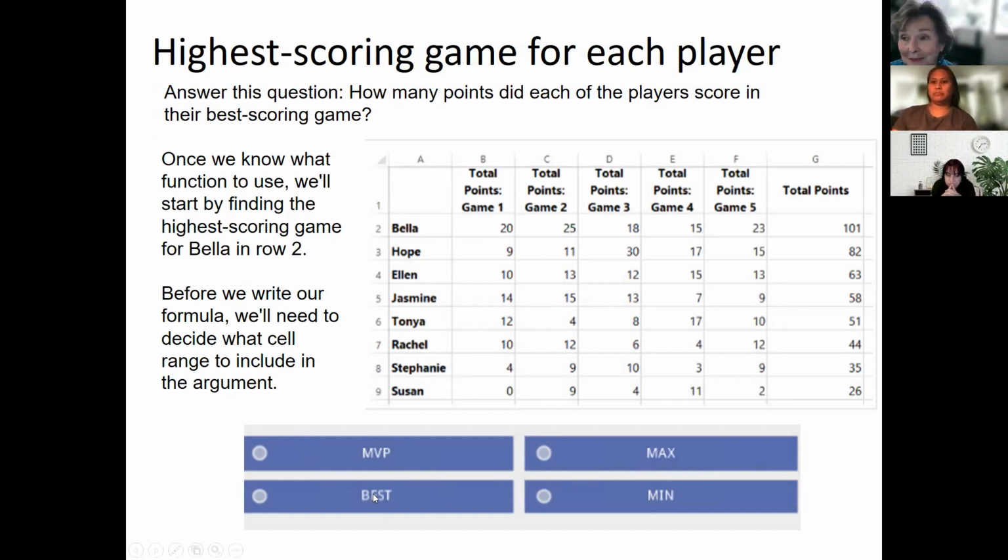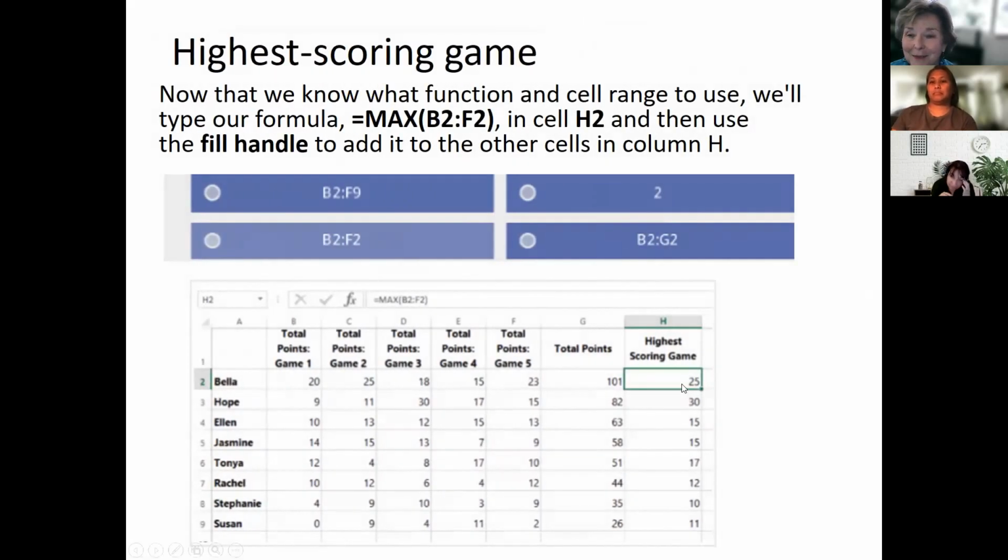Well, these aren't formulas, so you can eliminate those two. It would be the maximum, the most. Their highest scoring game will go through this row and find which score was the highest. It was 25. So once again, you start with Bella, who's on top.